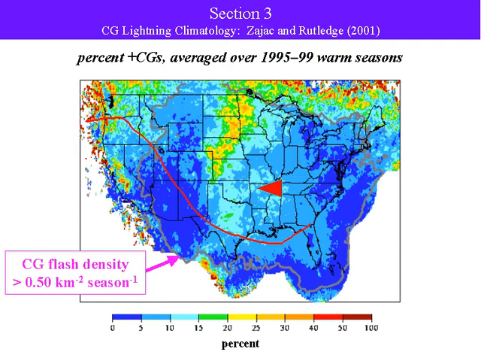These are results again from Zajac and Rutledge, a study they did in 2001, covering the years 1995 through 1999. It shows the percent positive CGs, or the percentage of the cloud-to-ground strikes that were positive for the continental United States.